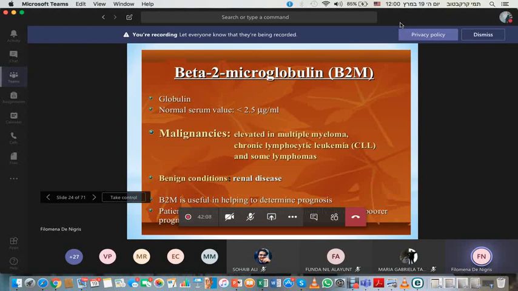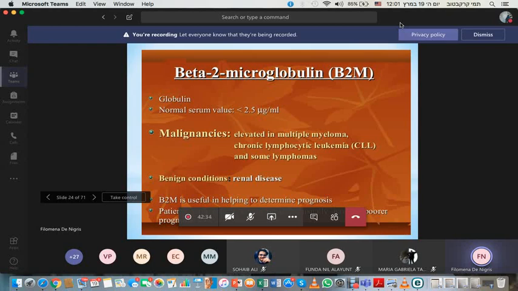Beta 2 microglobulin is an immunoglobulin. This immunoglobulin is very high when we have leukemia. It is a good indication of leukemia. It is not diagnostic, of course, but we can use this marker to follow the disease and also to see if treatment is working or not.